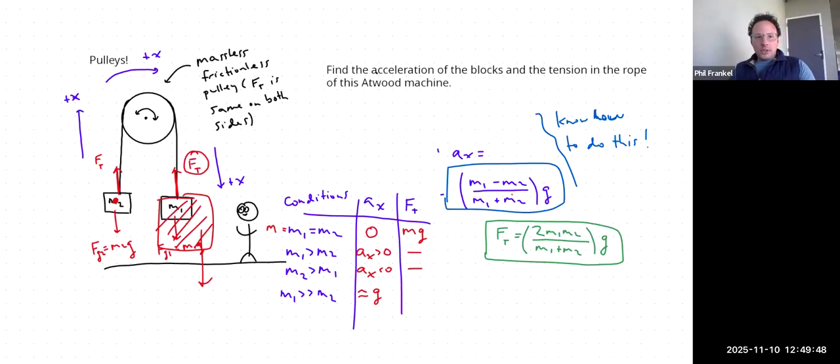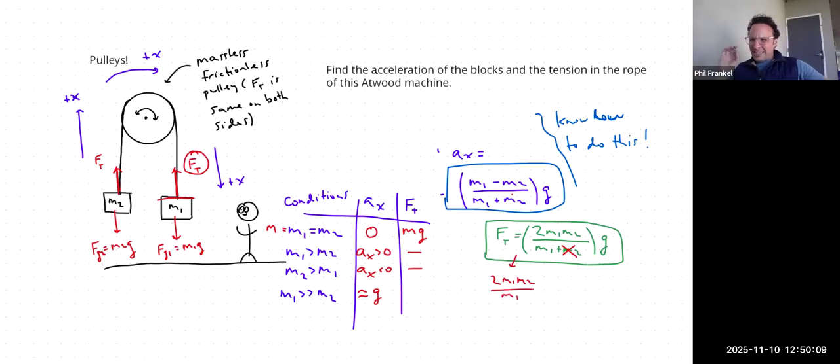All right, what about the tension force? Well, if M1 is huge compared to M2, again, we can ignore adding M2 to M1. And what this becomes is 2M1M2 over M1 times g.